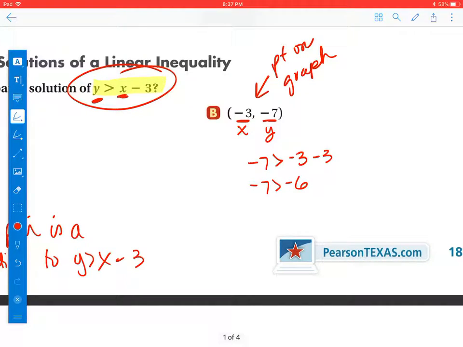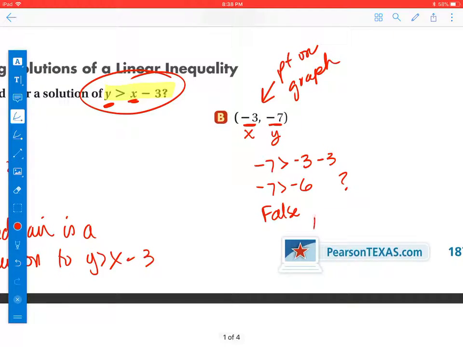That should have been 3. That will give us negative 6. This is not true. Negative 7 is not greater than negative 6. So this is false. So on the coordinate plane, if I were to graph this inequality, this would not be true for our inequality that we're given. So this is not a solution.